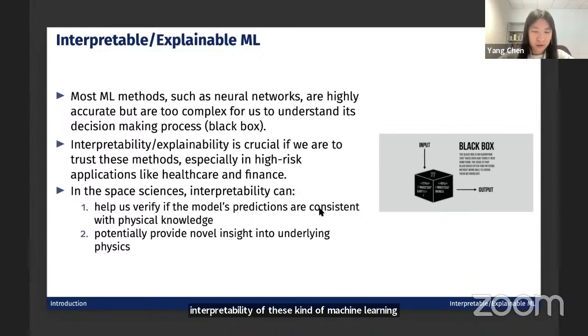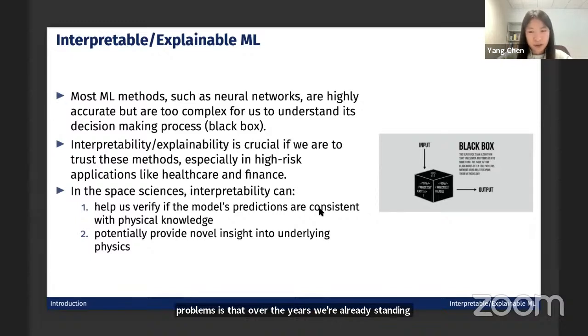we want to see if we can verify that the model's predictions are consistent with the physical knowledge that we already have. The nice thing about space weather prediction problems is that over the years, we're already standing on the shoulders of giants.